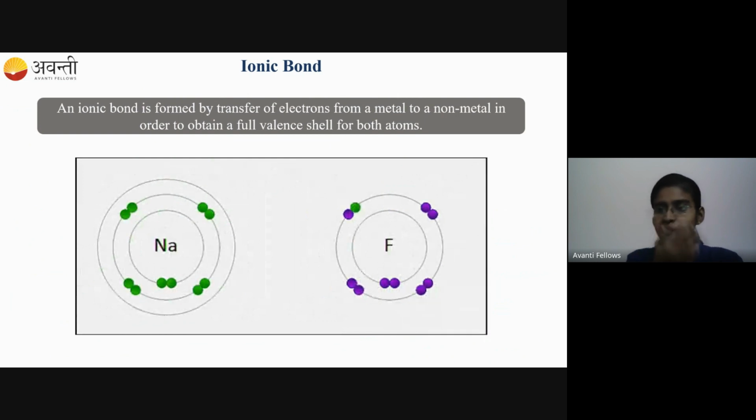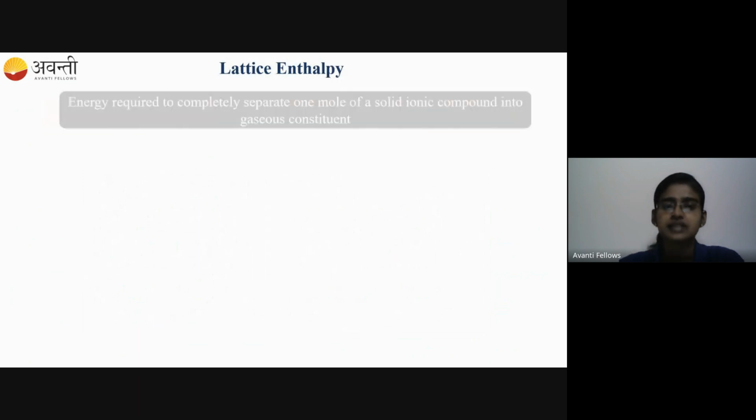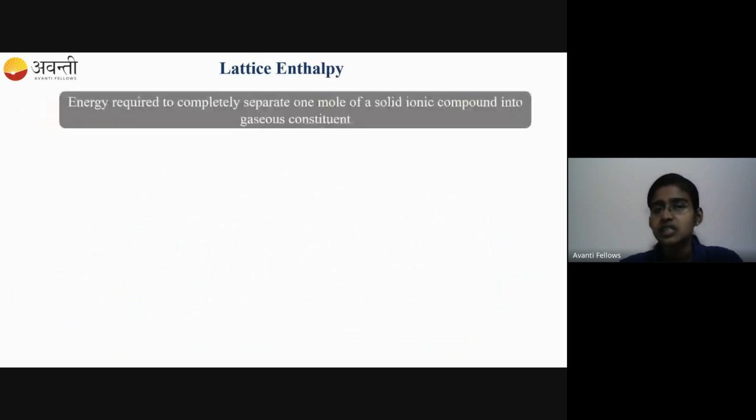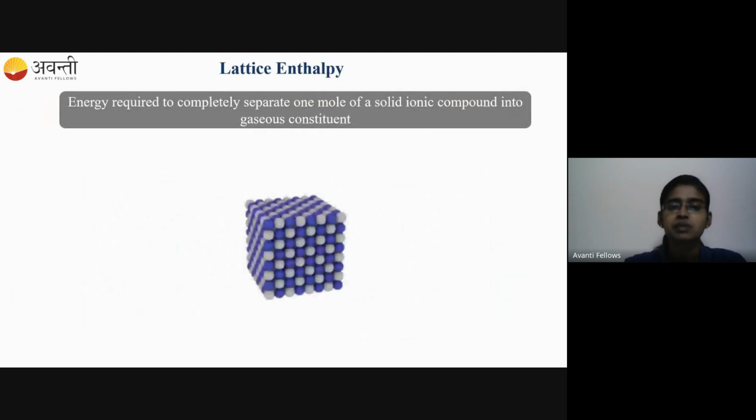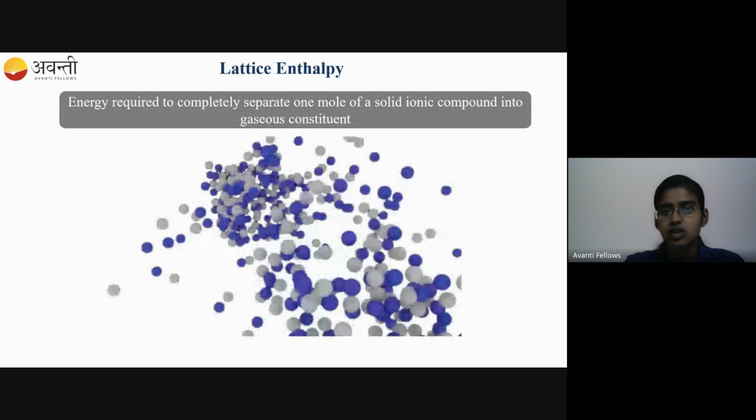So the next topic is lattice enthalpy. What is lattice enthalpy? The energy required to completely separate one mole of the solid ionic compound into gaseous constituent ions. Suppose I am taking sodium chloride as the solid ionic compound.